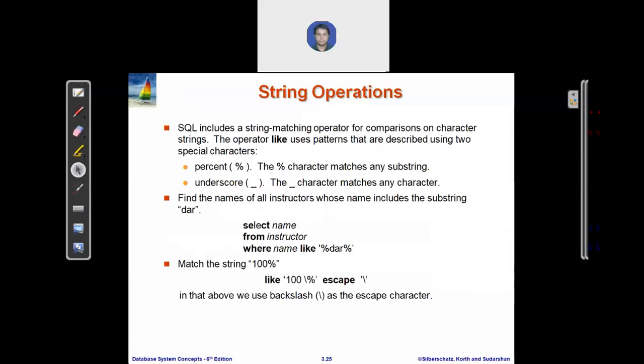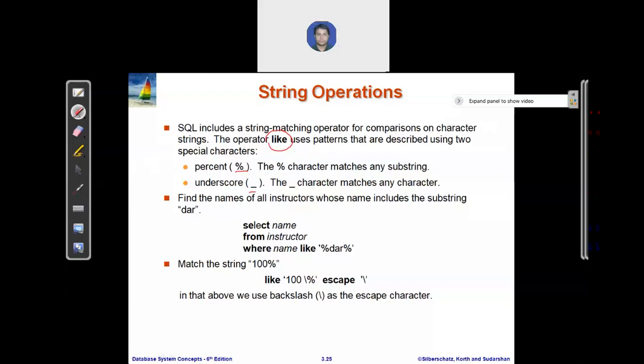Next is string operations. How can we apply operations on strings? SQL includes a string matching operator for comparison of character strings. The operator like uses patterns that are described using two special characters, percent and underscore.